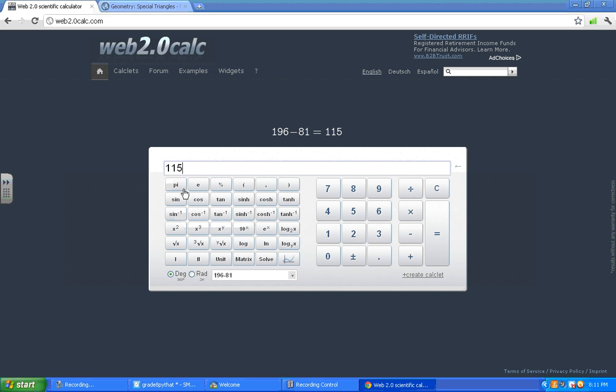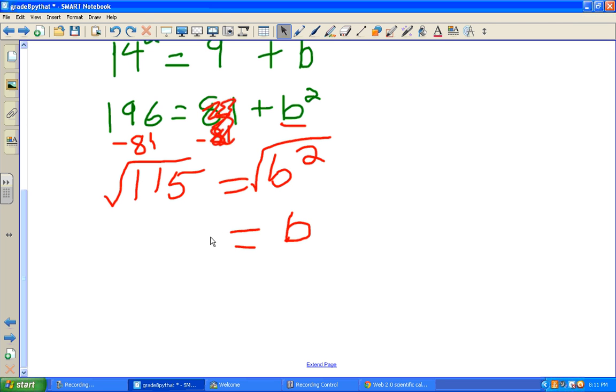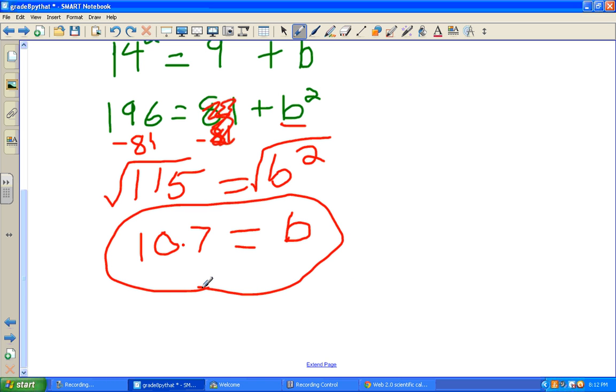So I've got 115 already on my calculator, so I'm going to do the square root of it, and my answer is 10.7. I'm only going to go to one place after the decimal, so 10.7 will be the answer to this question for B.